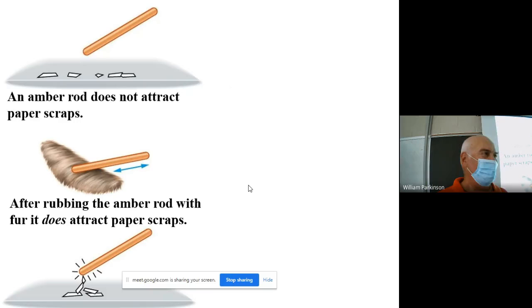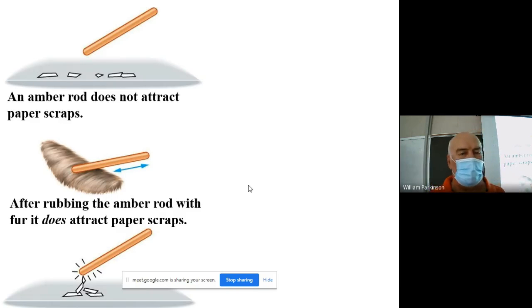Now, suddenly, the scraps of paper will be picked up by the rod, whereas before, they had no attraction to the rod. So something I have done by rubbing this rod with a fur strip has enabled the rod to be able to pick up scraps of paper. Now, you can do this same kind of experiment with paper clips.